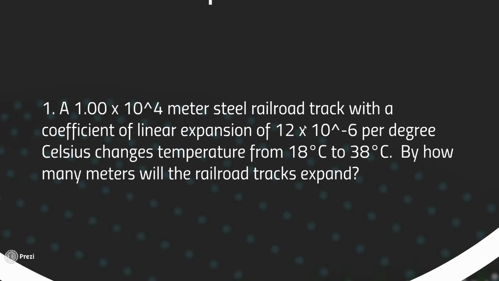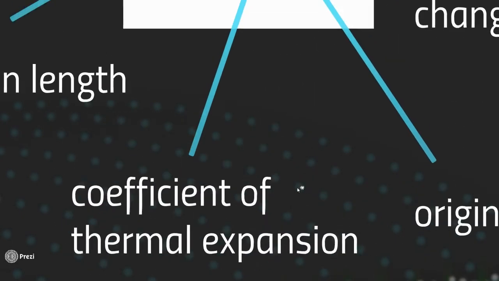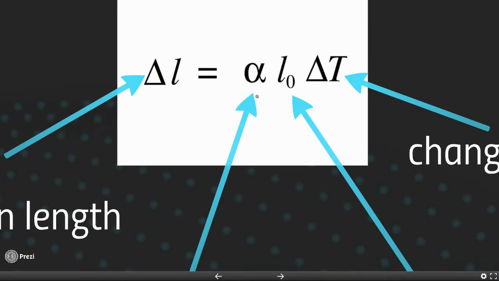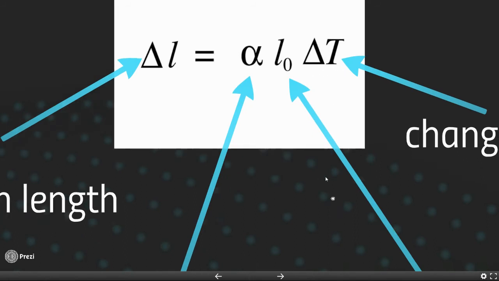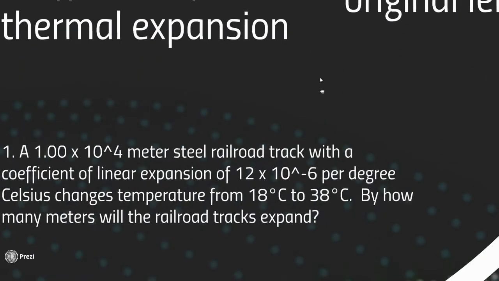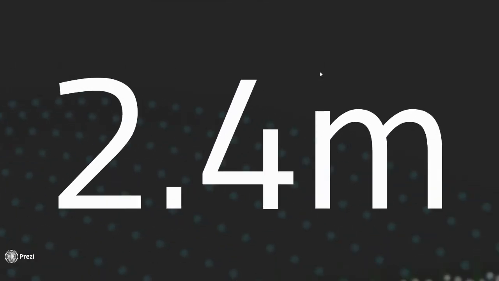If you put that into your equation, it's all just multiplication. You plug in the coefficient of expansion, the original length, and the difference of the temperatures. Remember, for the difference of the temperatures, you want to do final minus initial. Once you do that, you should get about 2.4 meters.